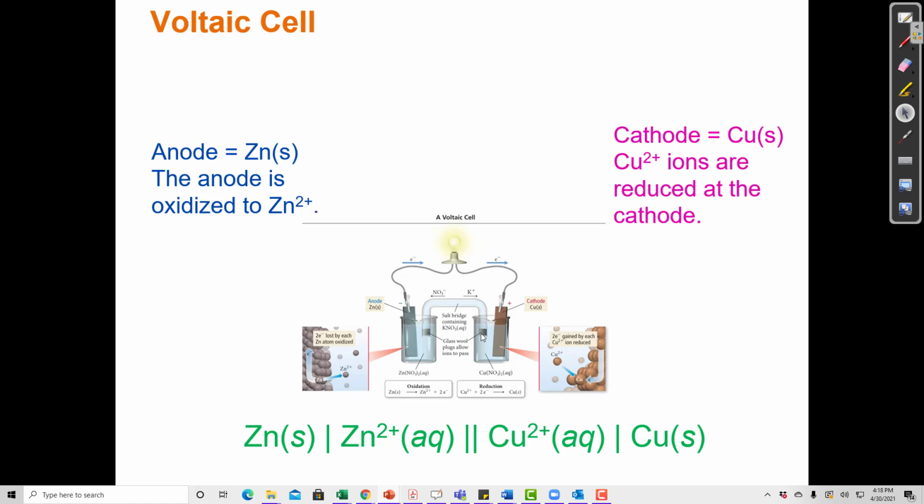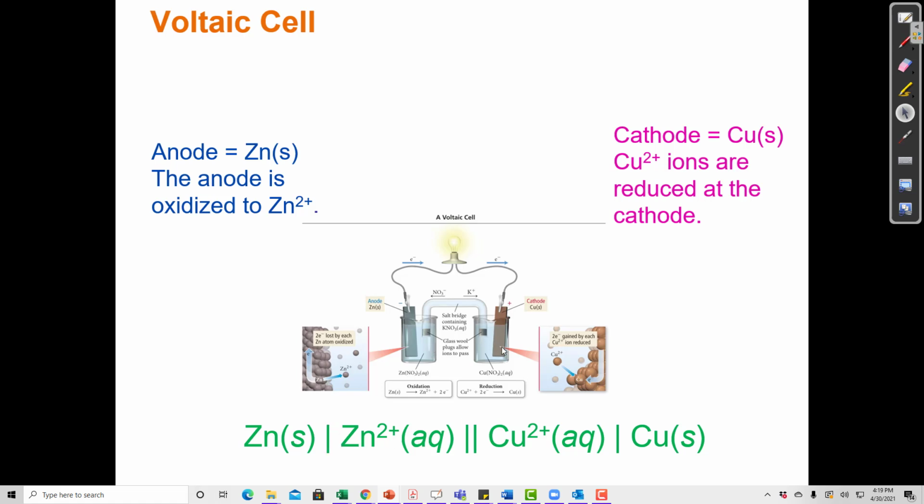So we would shorthand this cell by showing that the oxidation half reaction is on the left, and the electrode in the oxidation half reaction is zinc. And we have a phase barrier, and the electrolyte in this cell is zinc 2 plus. So these are in different phases: the solid electrode, dissolved zinc 2 plus. So we separate those phases with a single line.